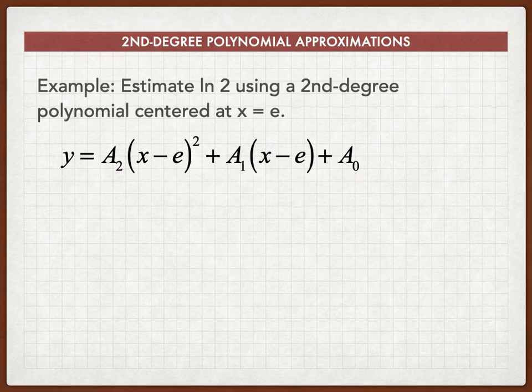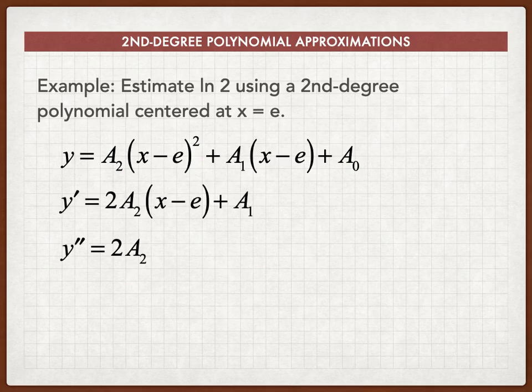Let's name the coefficients a with subscripts that match the exponent of the term. Differentiate, differentiate again. Notice, the derivative of the inside function, x minus e, is just 1.